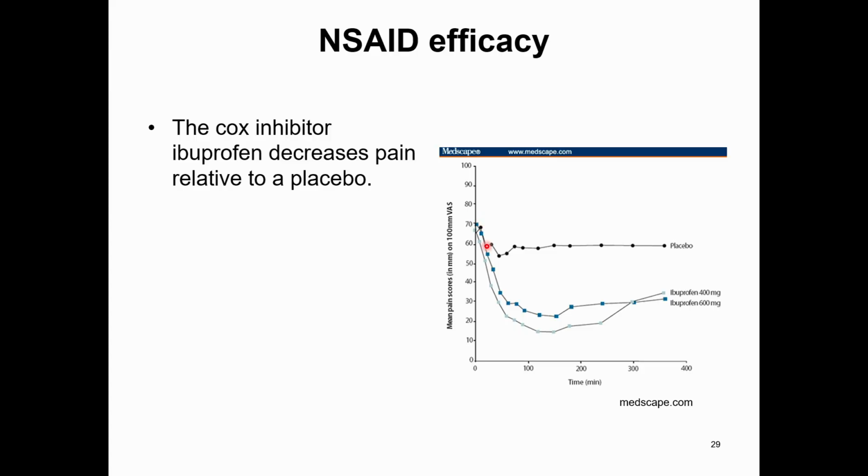And you can see that the people who got a placebo didn't have any real change over time. They still experienced pain. But the people who got the ibuprofen, either 400 or 600 milligrams, saw a substantial decrease in pain that persisted for a while, right?